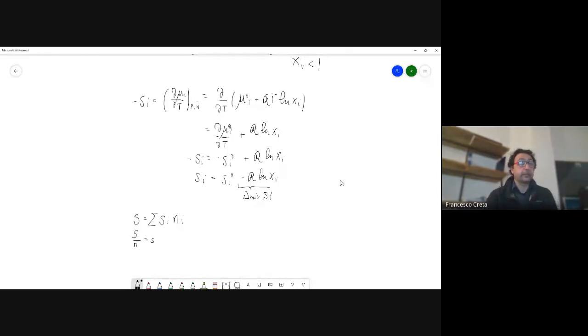It is nothing else but Si times Xi. Therefore, we can substitute: Si0 minus R logarithm of Xi, giving minus R times the summation of xi logarithm of xi.